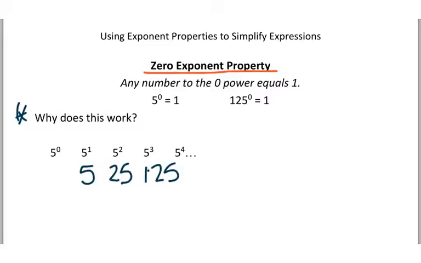The pattern in this process is that when you go this direction, you multiply by 5 each time, depending on the powers. But when you go in the opposite direction, remember you use the inverse, and so you divide by 5.